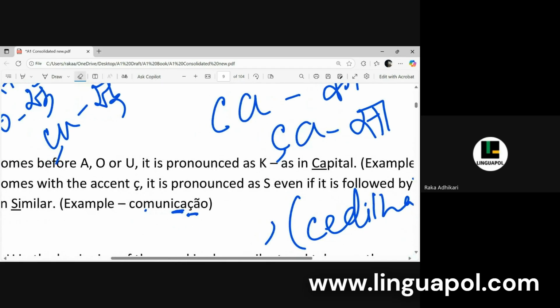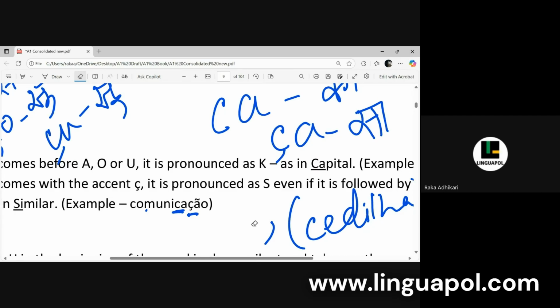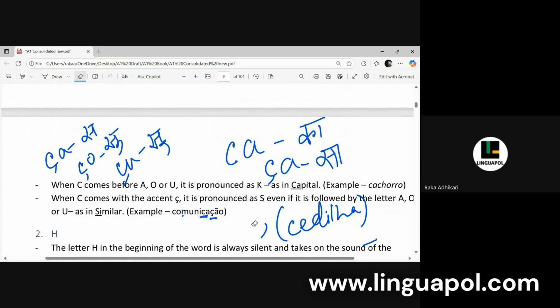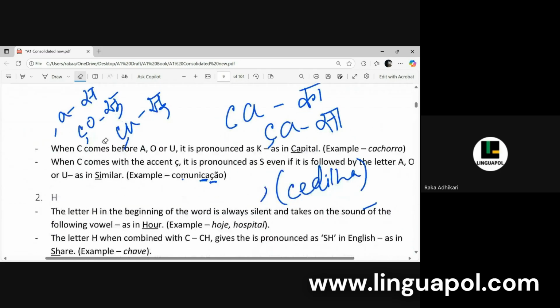So instead of simply saying a, we'll say ão. So this word becomes comunicação. So wherever we have the cedilha accent, there the CA becomes sa. It should be ka, but since we have the accent, it becomes sa.